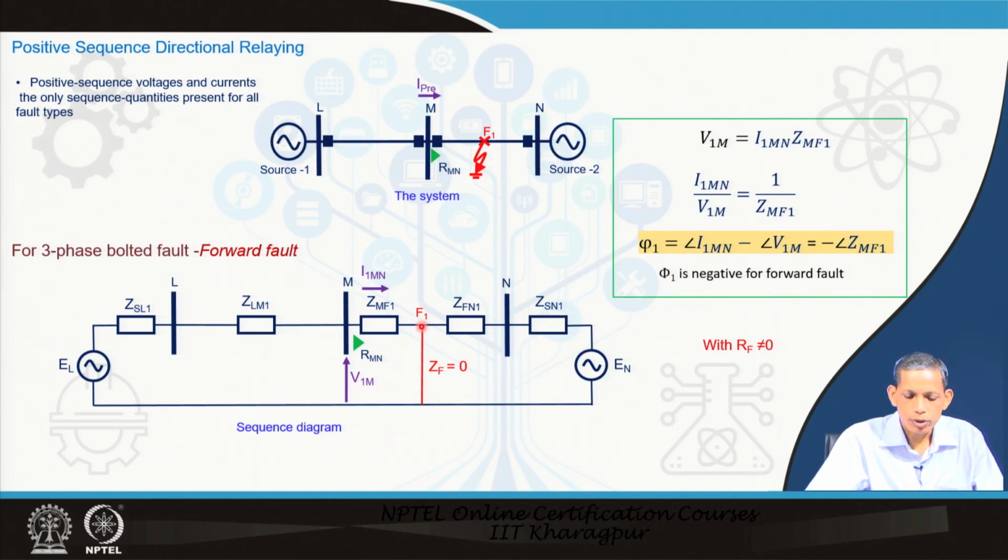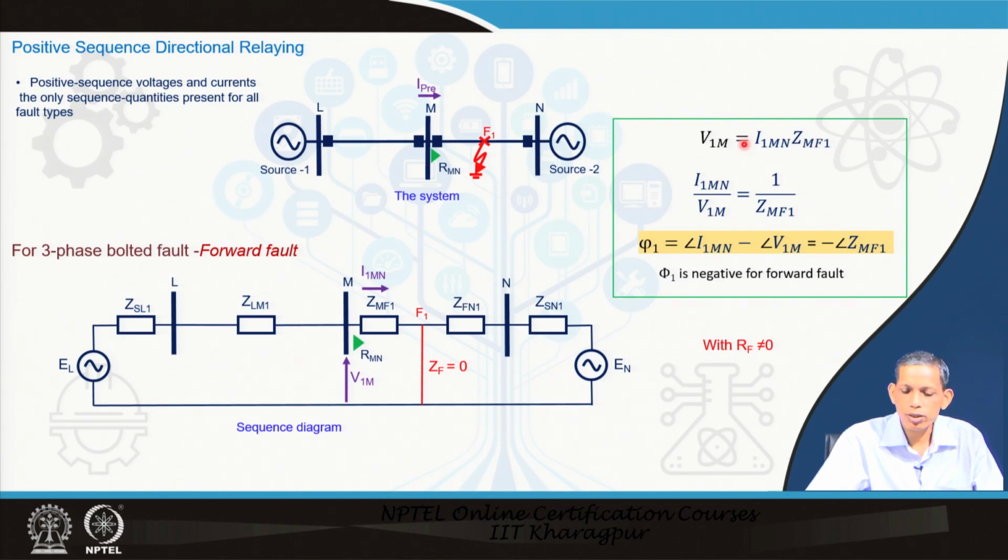So, therefore, the corresponding voltage in this portion is I1mn Zmf1, Zmf1 the corresponding impedance of this portion, and I1mn the positive sequence current through this path, and that is the relay current also. So, therefore, this voltage is 0. So, to calculate this voltage, we are going against the current. Therefore, V1m equals I1mn times Zmf1.